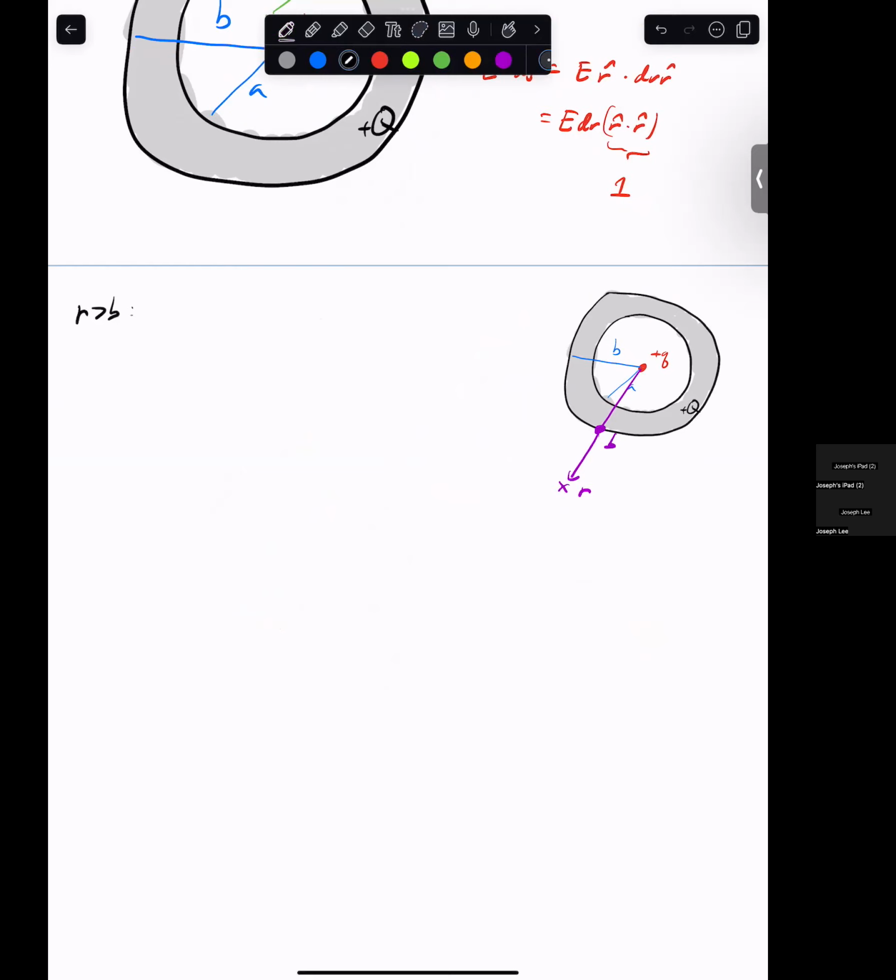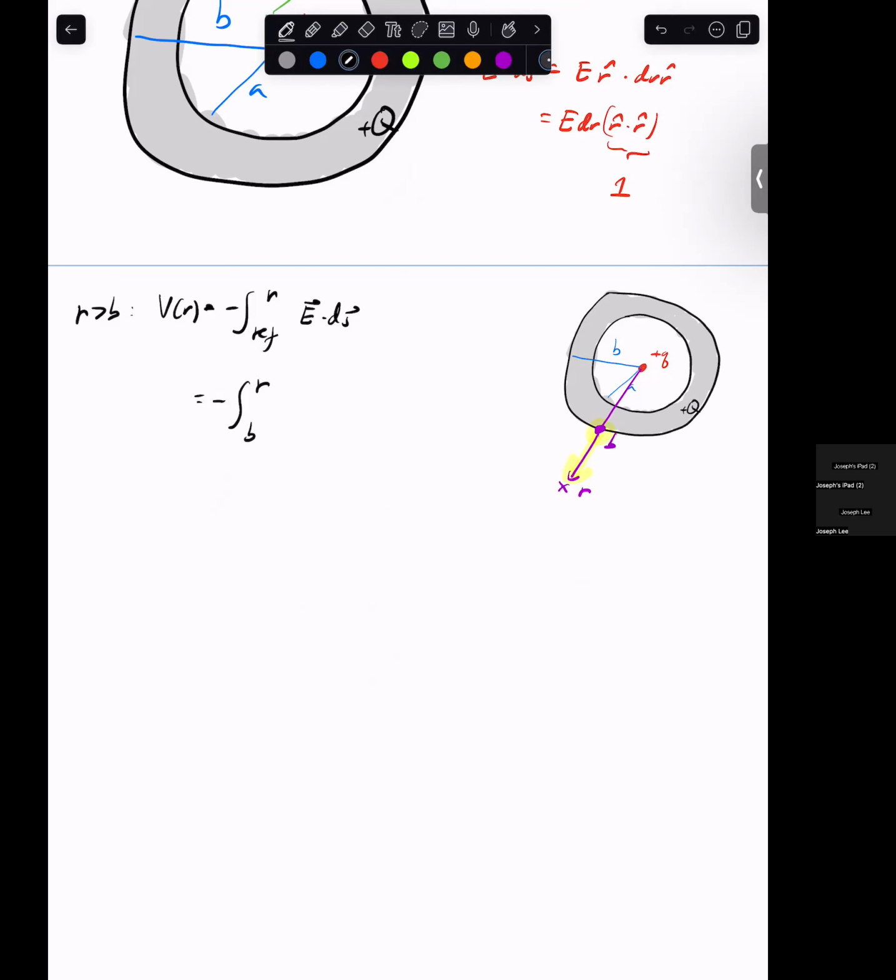We first use our formula, V of r is equal to minus the integral from the reference to r of E dot ds. I'm going to plug in our values. The reference is at b, so we're starting here and integrating out this way. It goes to some value r.